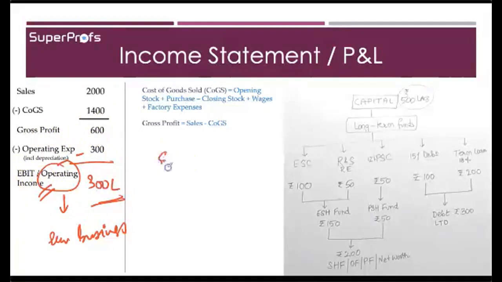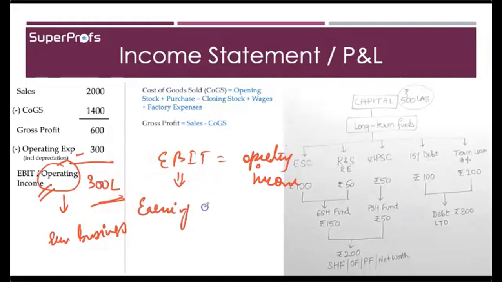EBIT, operating income, is also called EBIT, which stands for earnings before interest and taxes.